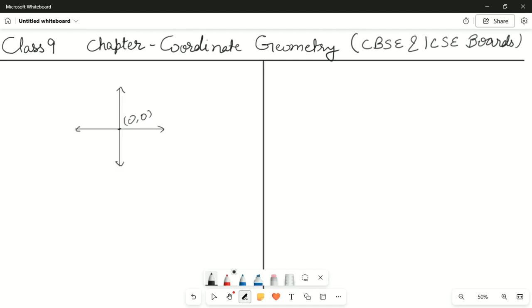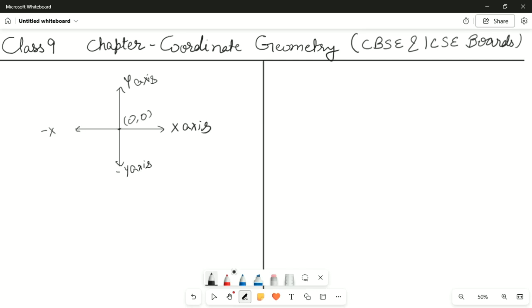We use two lines to form a map, the x-axis and the y-axis. The horizontal line is the x-axis. The vertical line is the y-axis. Where they cross is called the origin, with coordinates (0, 0). This is known as the negative y-axis.